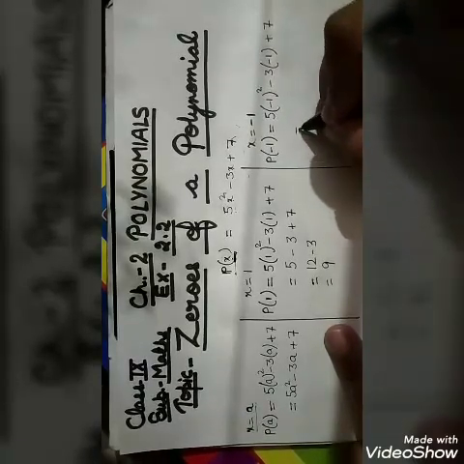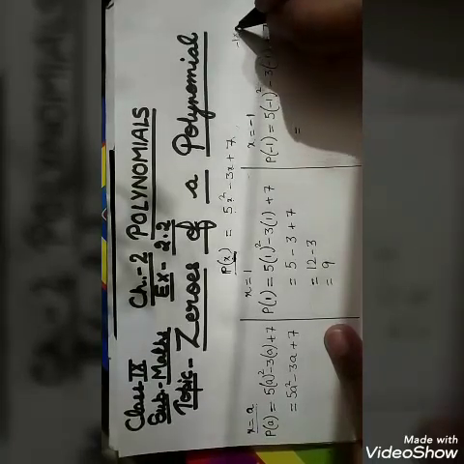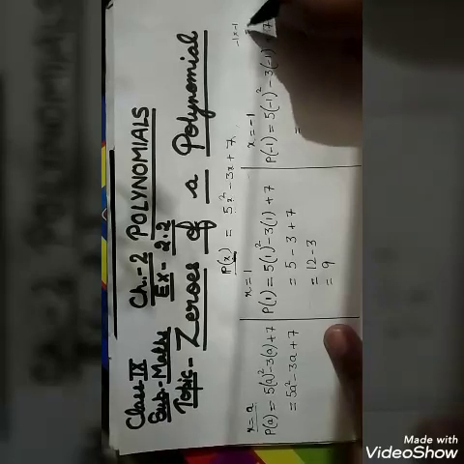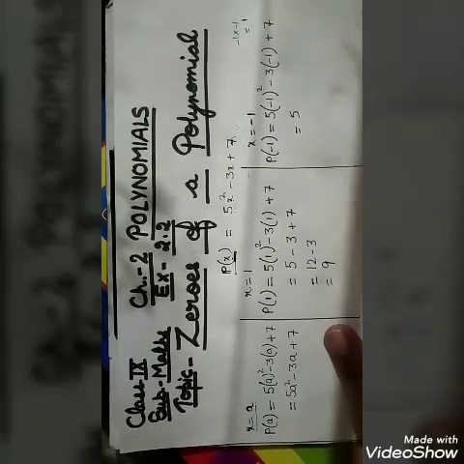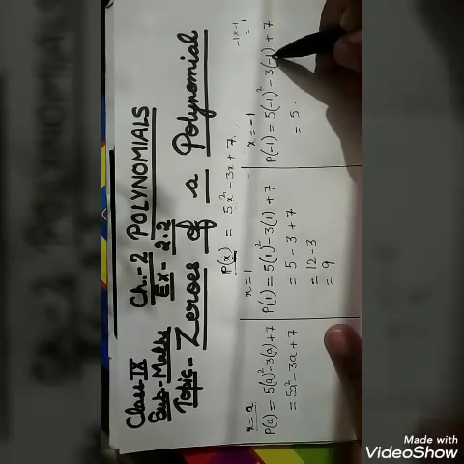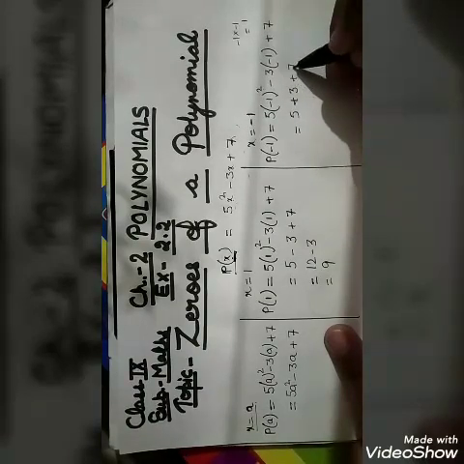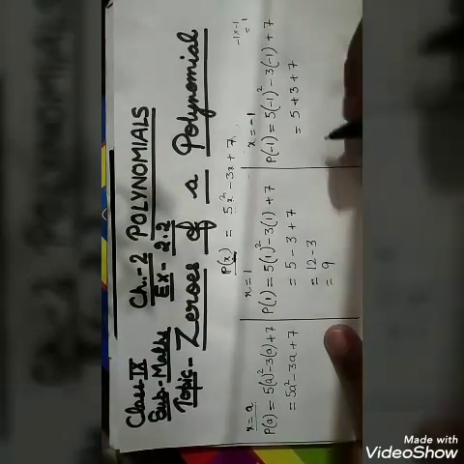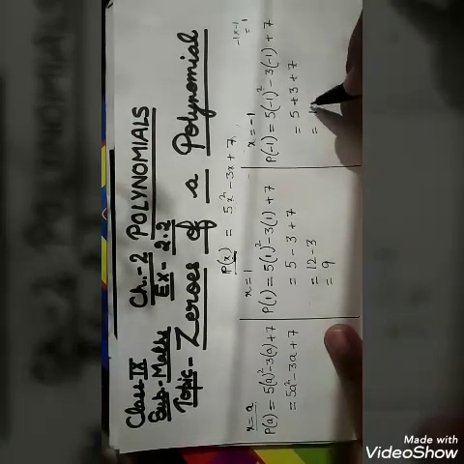That gives (-1)² is -1 into -1, that is +1, and 5 into 1 is 5. Now here -3 multiplied by -1 is +3 and +7. That is 5 + 3 = 8, + 7 = 15.